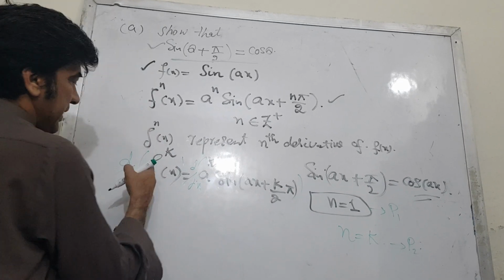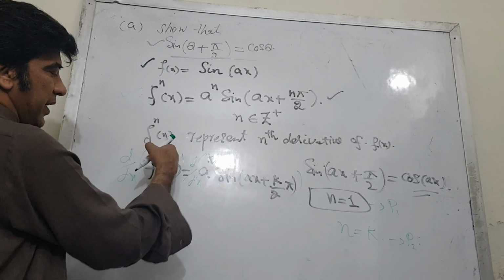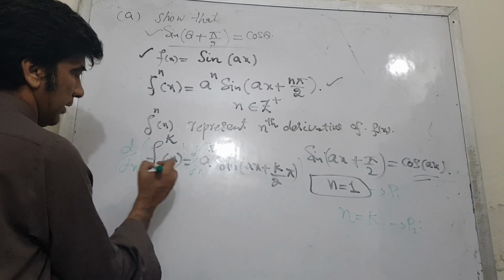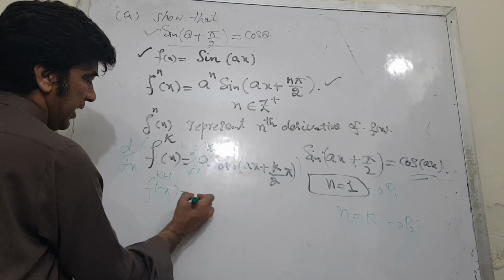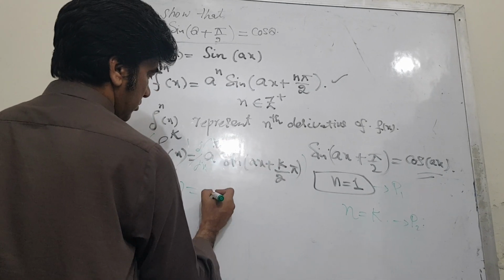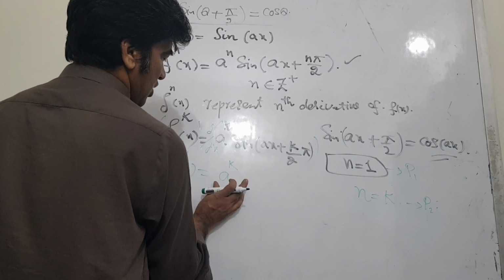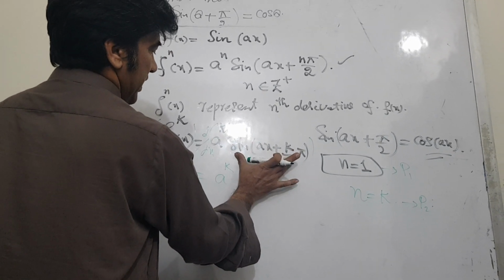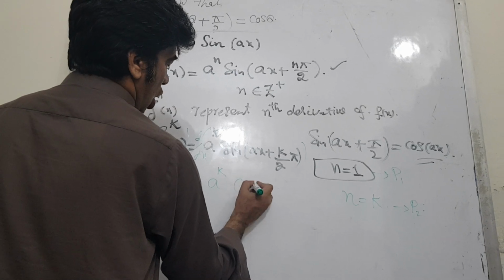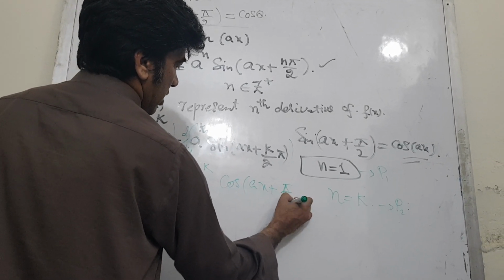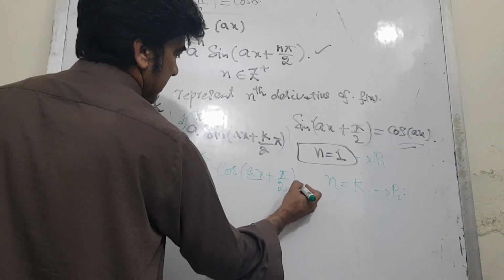By taking the derivative of the kth derivative, it becomes the (k+1)th, and the derivative of this becomes a^k, because this is constant and you can write it in the beginning, and the derivative of this would be cos(ax + kπ/2), and the derivative of ax is a.